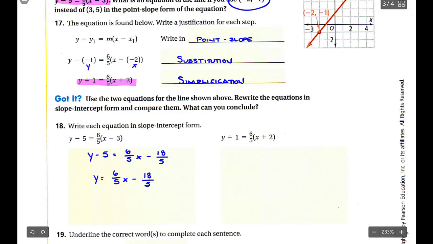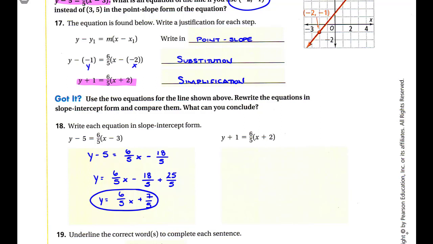And since I'm adding a positive 5, that's 5 over 1, which I can also write as 25 over 5. That's still adding 5, but that just helps with the denominators. So when I simplify the left-hand side, I get y = 6/5 x + 7/5.